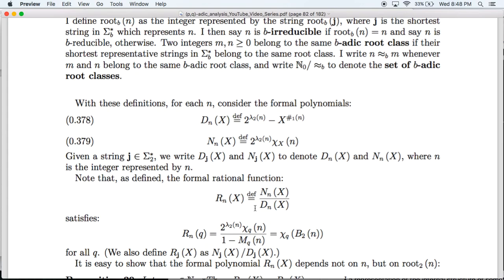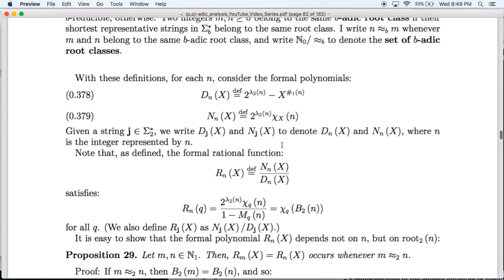Anyhow, what happens if you clear denominators on the numerator and denominator of this thing is you get this rational function. Here we're going to treat q as an indeterminate, x. And we then define, for any bold j, r bold j as n bold j of x over d bold j of x, where bold j is the string representing n.